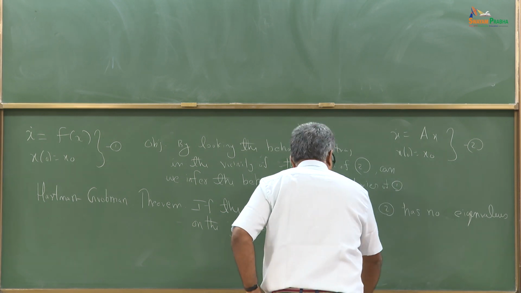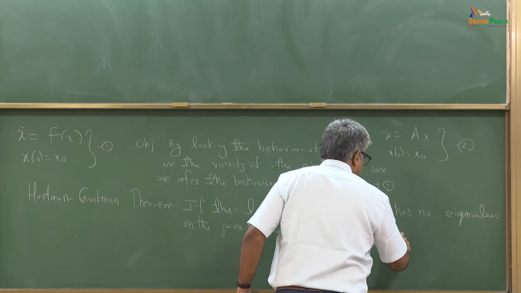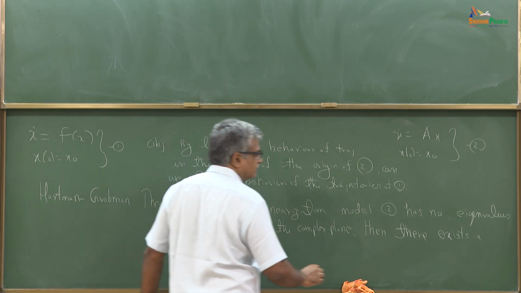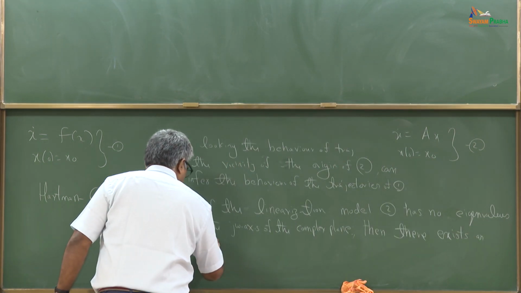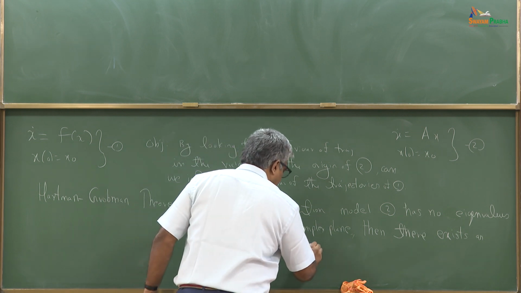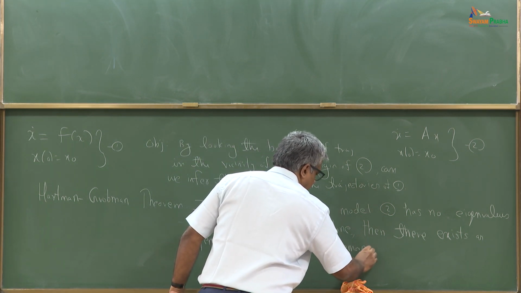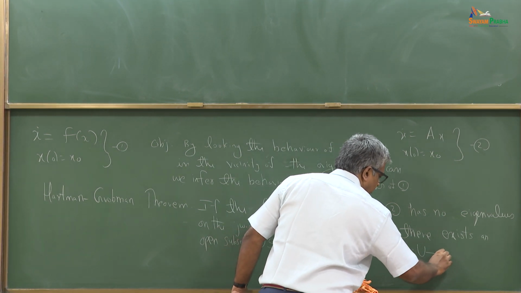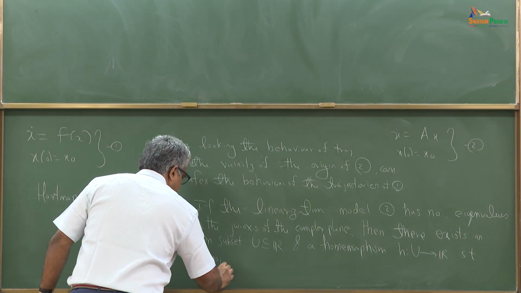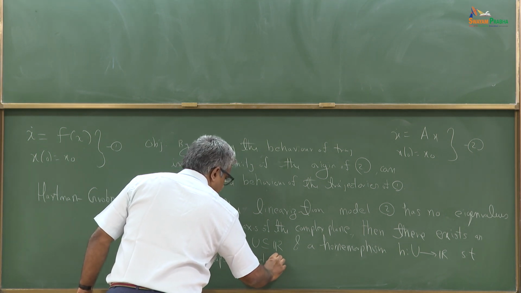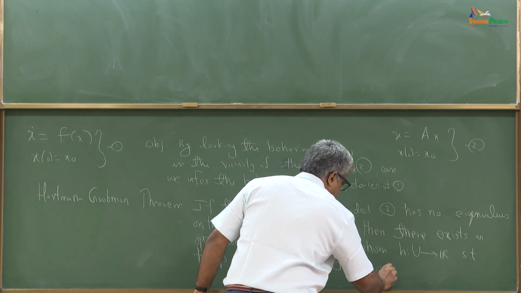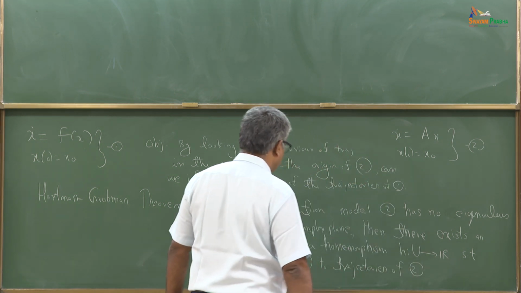On the j omega axis, then there exists an open set U and a homeomorphism H from U to R such that H maps trajectories of 1 to trajectories of 2.